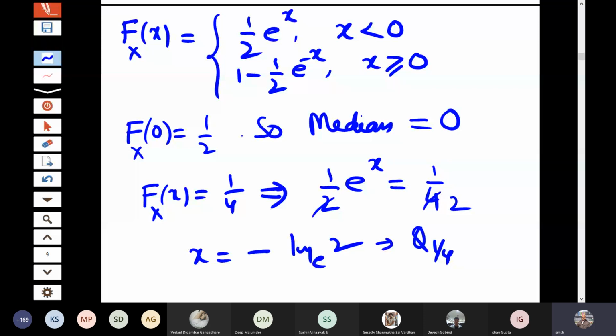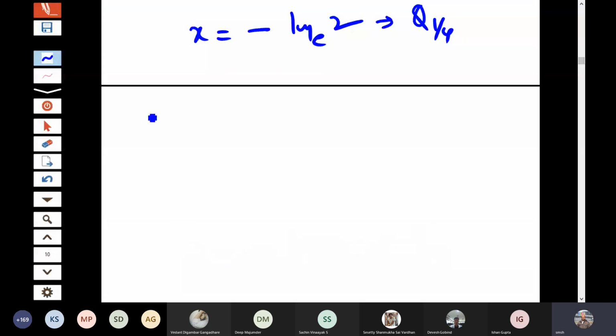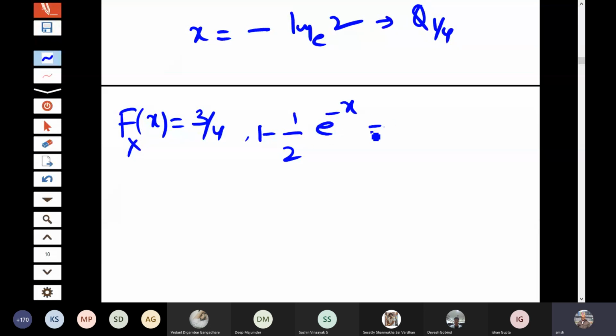Similarly, suppose I want to find out what is the third quartile here. For the third quartile, f of x is equal to 3 by 4. So you will have 1 minus e to the power minus x is equal to 3 by 4. So you get 1 by 4 is equal to half e to the power minus x.